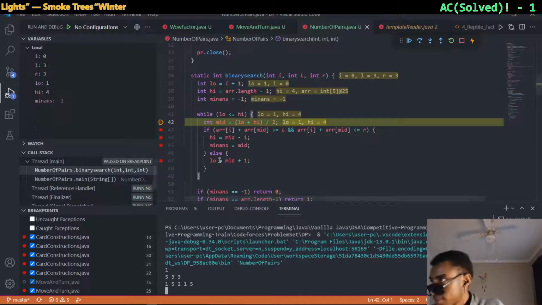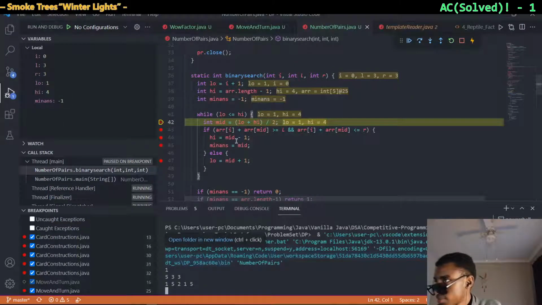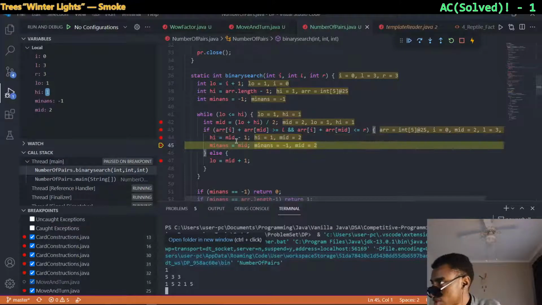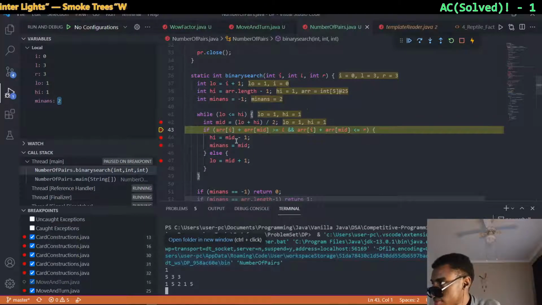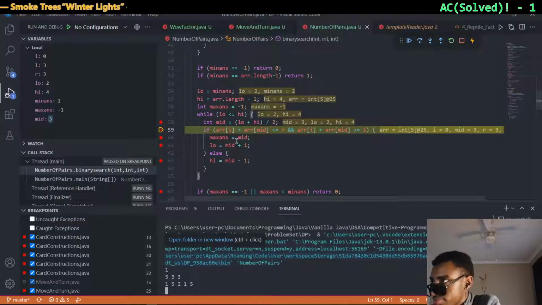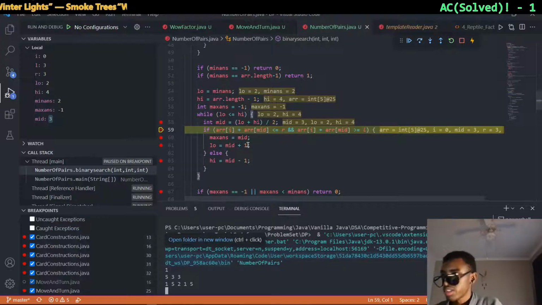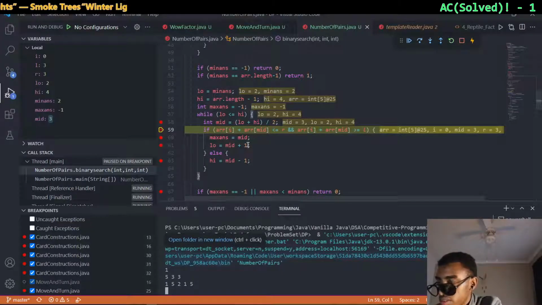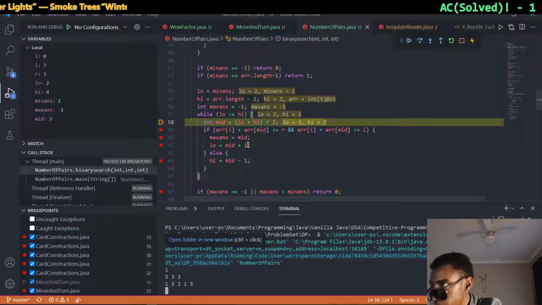Okay. Smaller than or equal to r, greater than or equal to l, having added 1. So that doesn't work. Perfect.